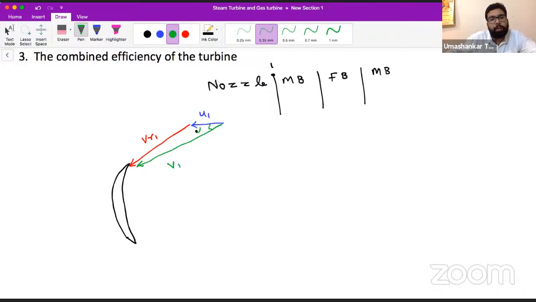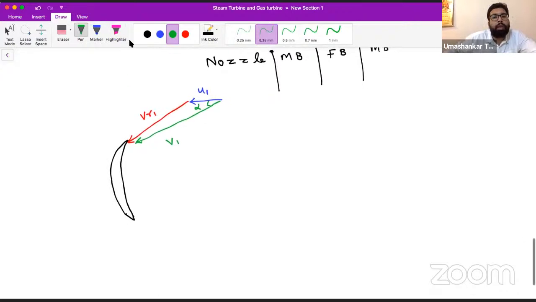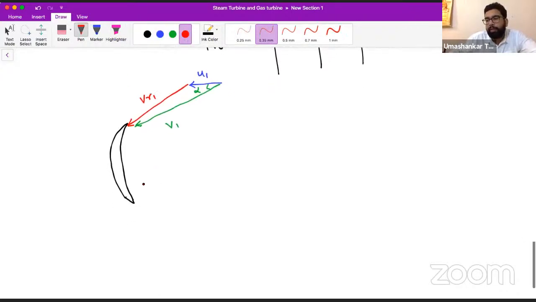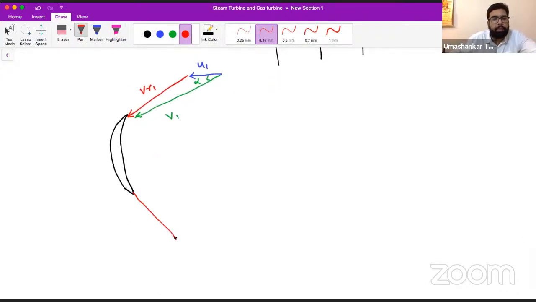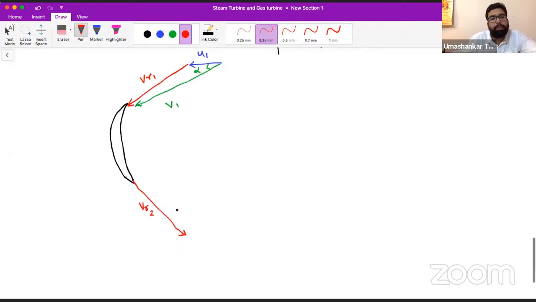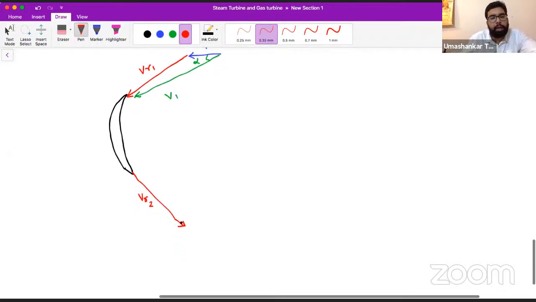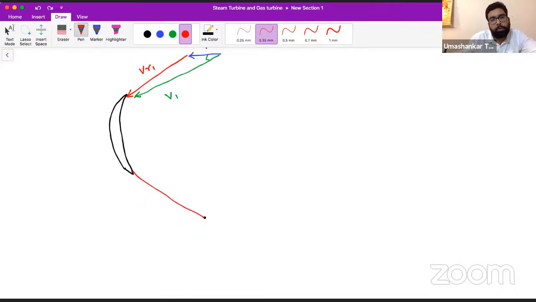This was alpha, and it was exiting with a velocity of VR2. Let us draw it a little more tangent. VR2, we have established, is always tangent to the tip of the blade. Remember all these things.